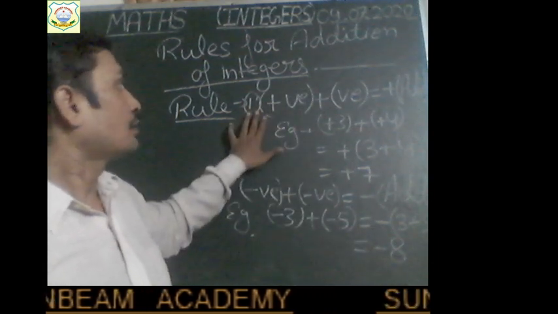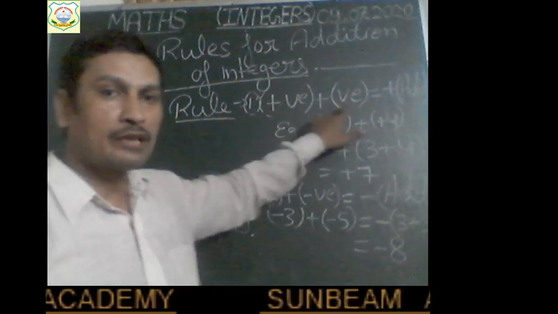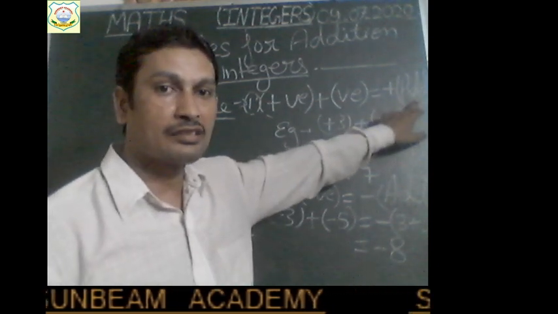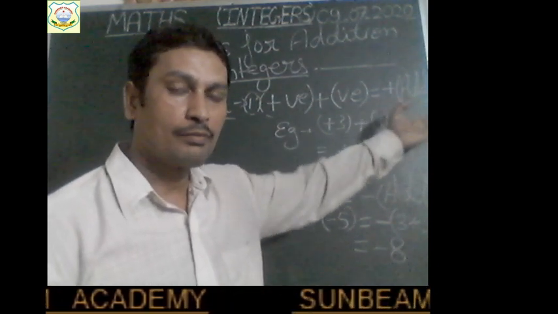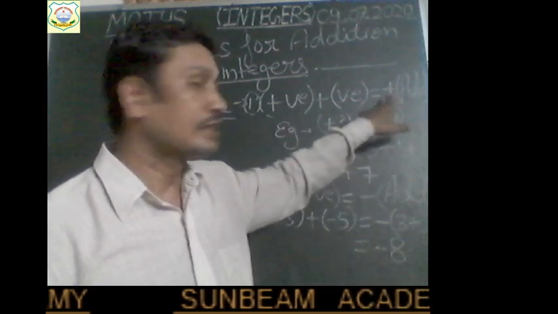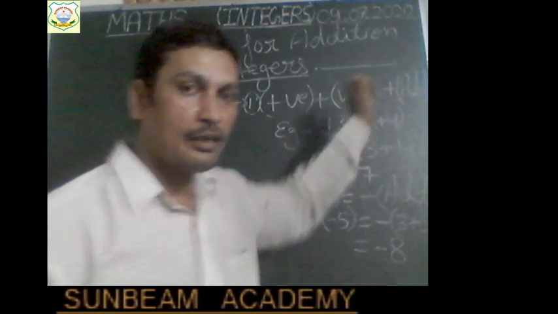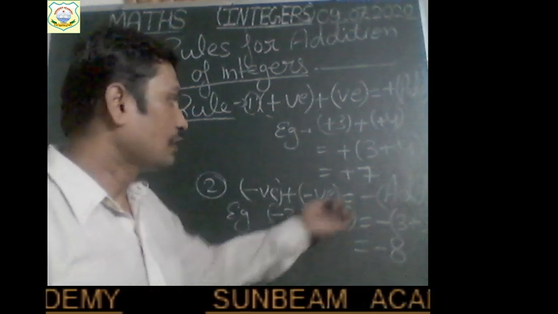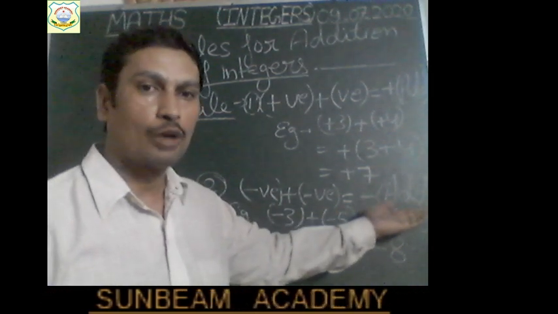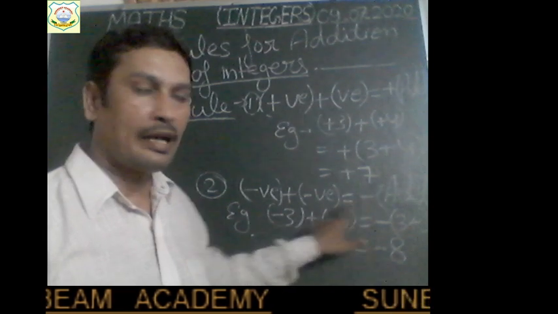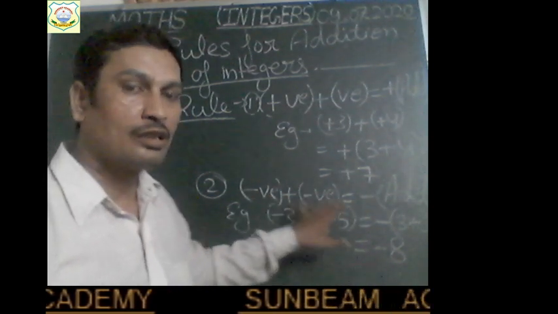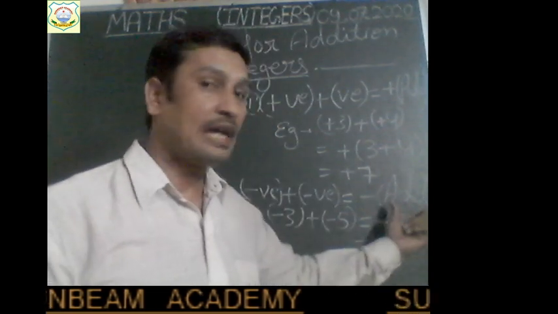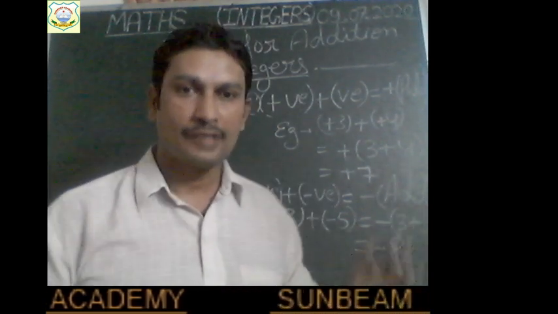So profit plus profit: if both are positive, both showing profit, then your profit will increase. So you will add, and it is profit, so put a plus sign. But if there is loss, both are negative, loss plus loss, then you will have a loss. So you will put a negative sign, and because you have two successive losses, your loss will increase, your negativity will increase. So you will add for increment, right?